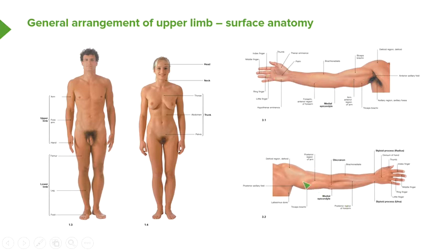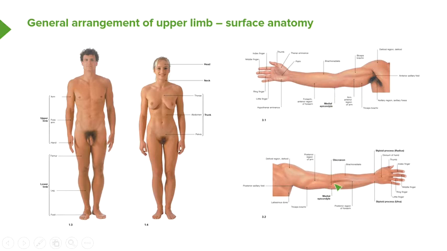If we look at the posterior aspect, then again we can see this muscular region caused by the mass of deltoid muscle. And then we can see the posterior region of the arm. We can see some impressions for the various heads of triceps muscle. Again, we can see the medial epicondyle, this time from the posterior view, just as we saw it on the anterior view.